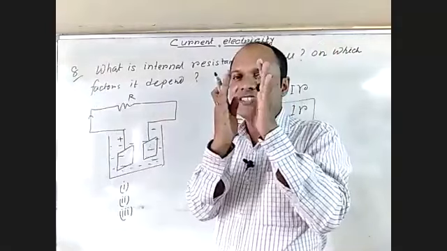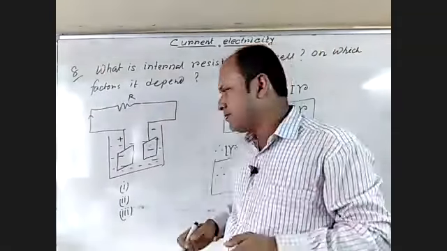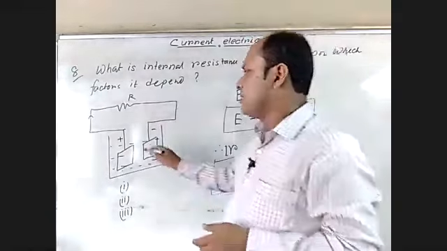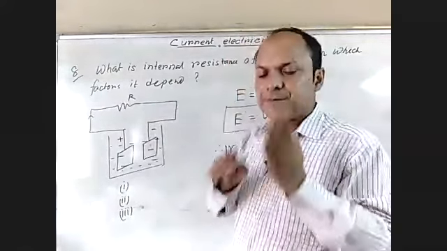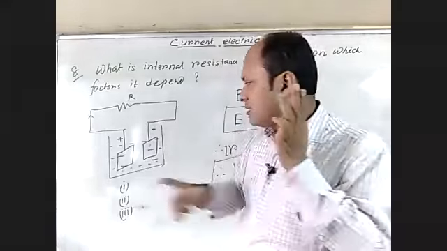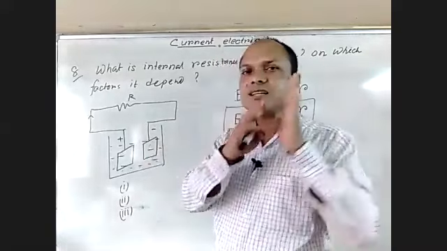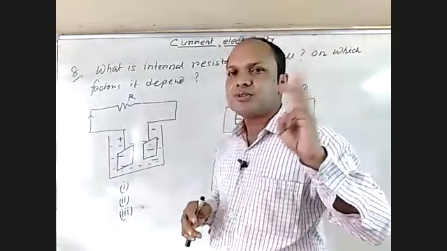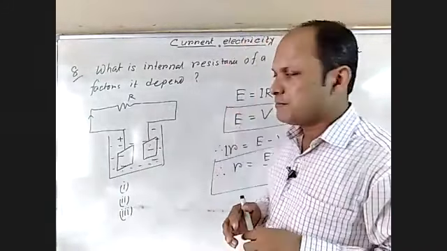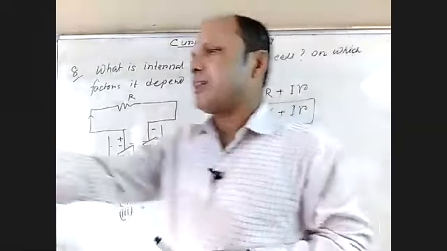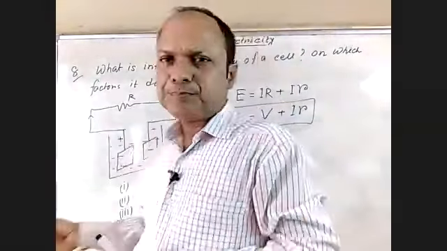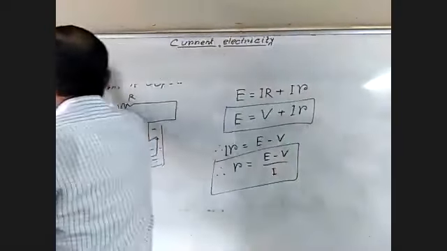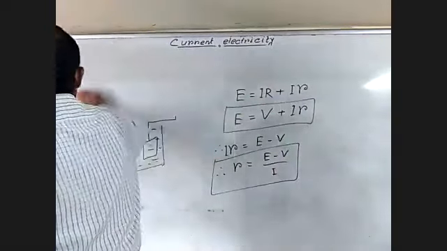If the distance is less, there will be a small resistance. So these are the three major factors: nature of the electrolyte, area of the electrode, and distance between the two electrodes. Clear? So 8 questions till now we have discussed.